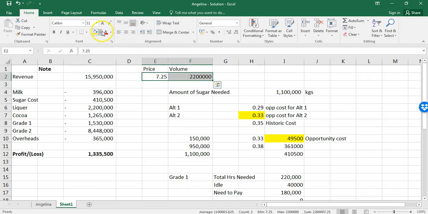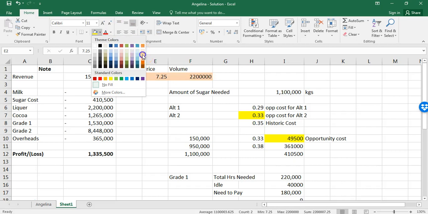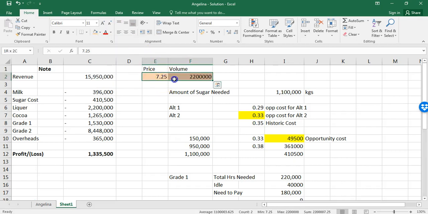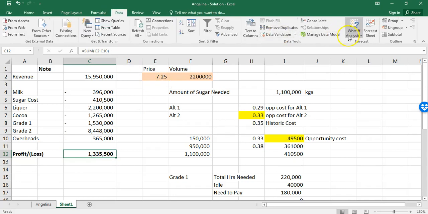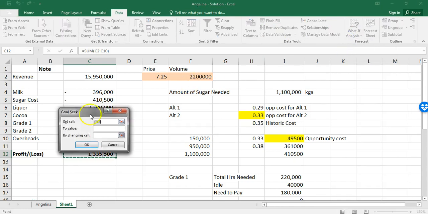So what Excel allows you to do, and it can be useful when you have different inputs. So these are our two inputs, the price and the volume, and this is our result, the profit. And what we can actually ask Excel to do is do trial and error for us, so do it a lot quicker. So what we can tell Excel to do is, if you go to data and you go to what if analysis, there's a function called goal seek, and it's somewhat intuitive.